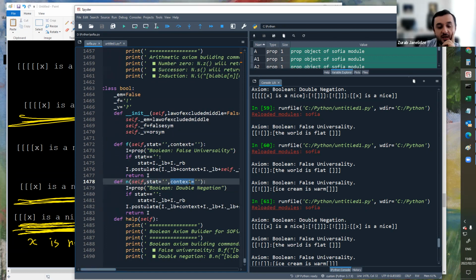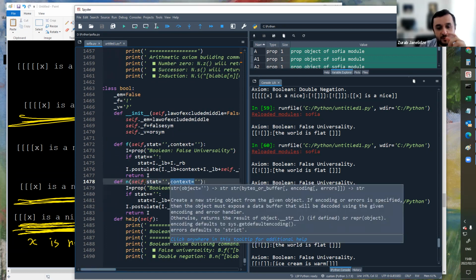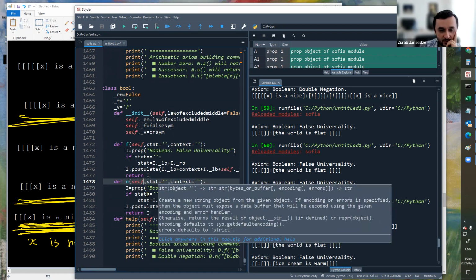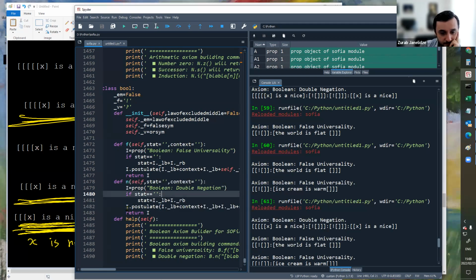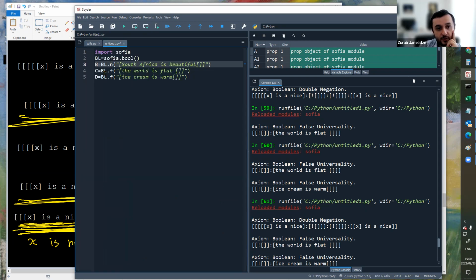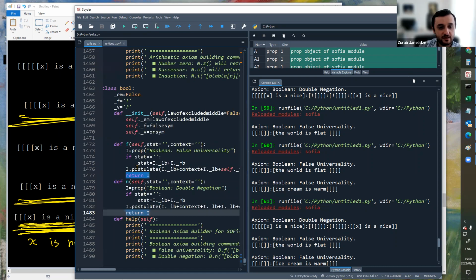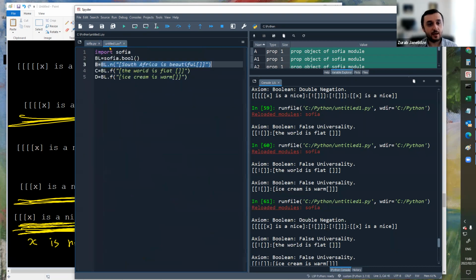The context parameter is something we're not going to explain today, but you can read up the explanation of it in the lecture notes. And then that axiom is returned with a function. So what we are seeing here is still a Sophia axiom, but it has been instantiated inside this function, which we call an axiom builder. Okay.